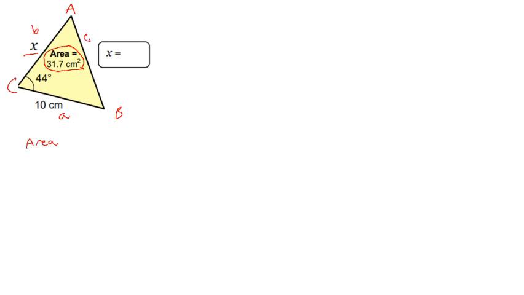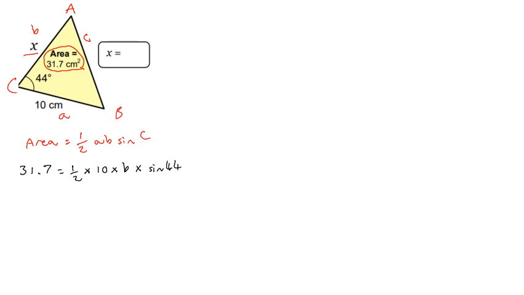Area was half AB sine C. After that, let's substitute in. So the area is 31.7 times 10 times B times sine 44.